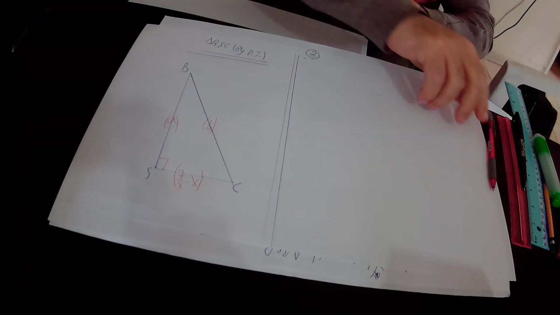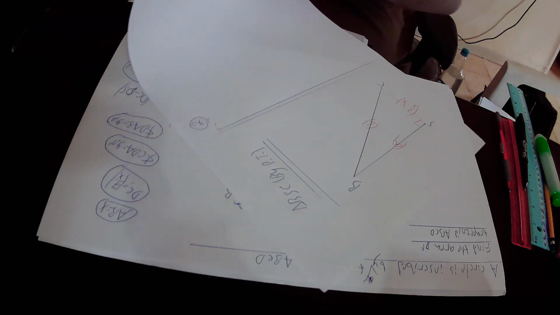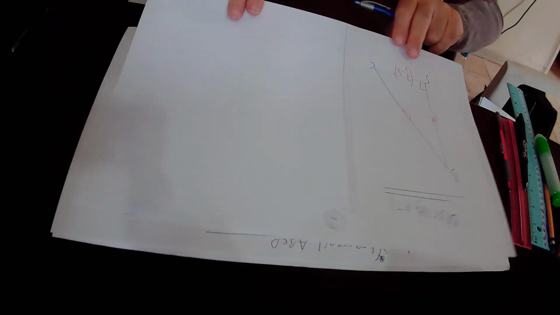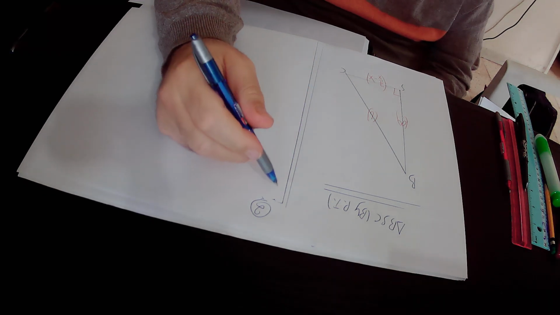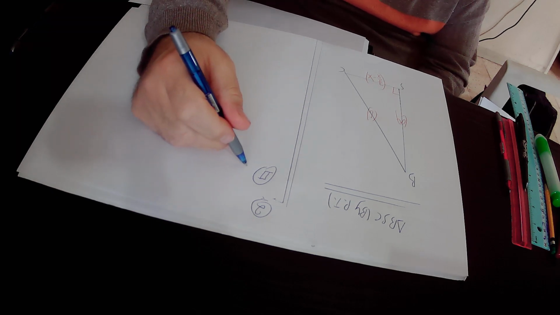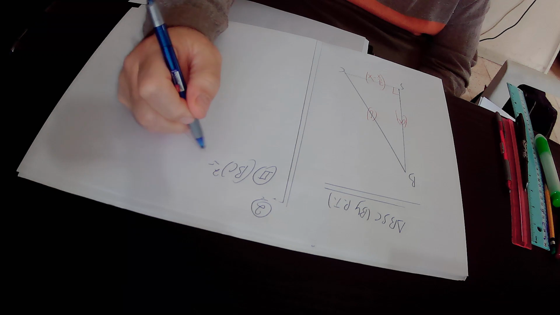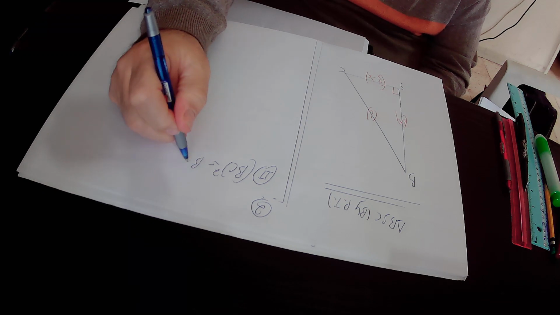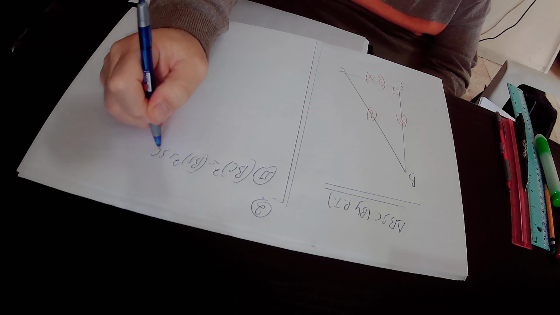So I write it down. According to the Pythagoras theorem, in this right triangle BSC, BC squared, that is the square of the hypotenuse, equals BS squared plus SC squared.